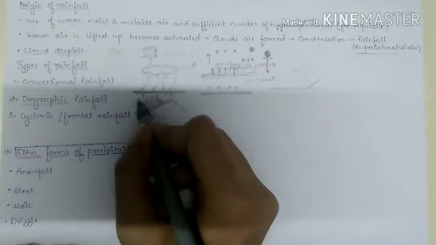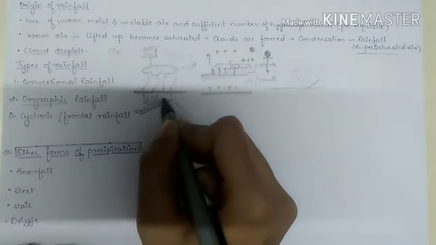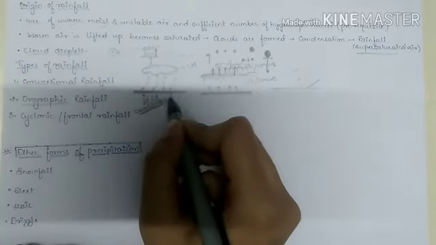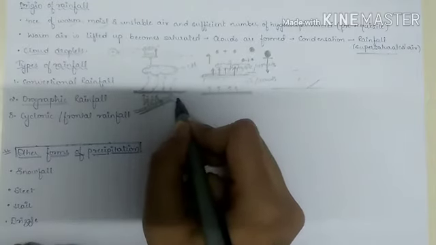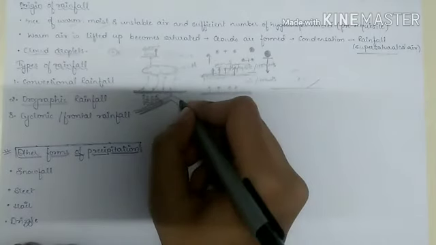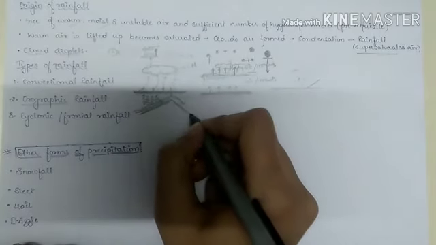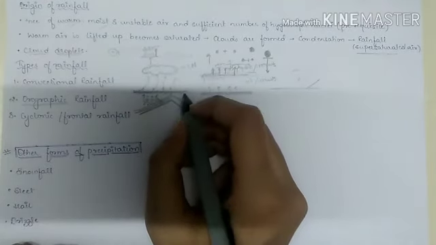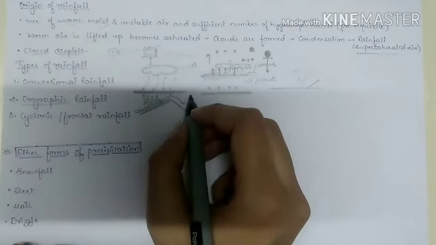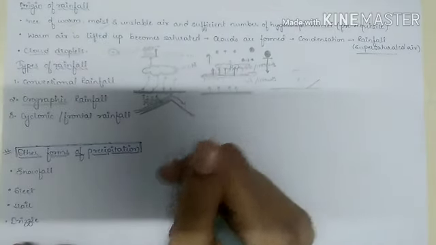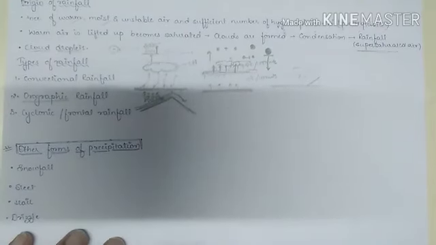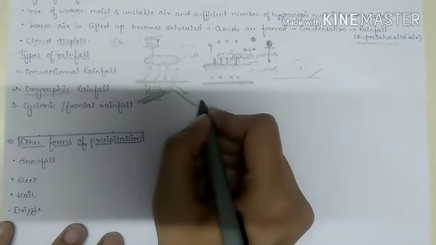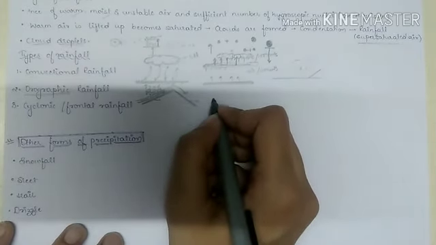But as this air has lost most of its moisture by raining on this side of the slope, as it comes down, this region receives lesser rainfall, and this is known as the leeward side or rain shadow side. So this is the windward side and this is the rain shadow or leeward side.